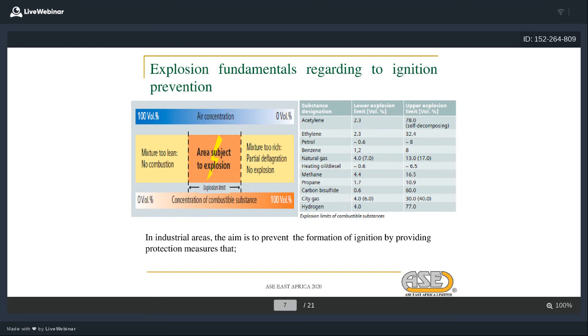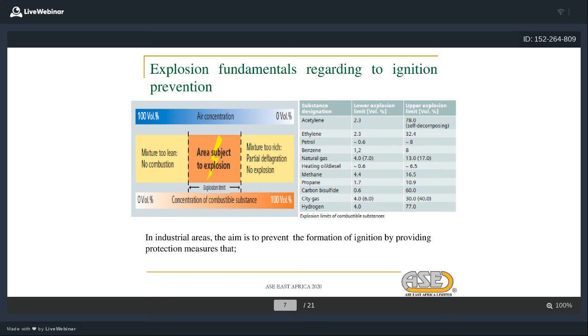Let's look at an example of these materials: acetylene. The lower explosion limit is 2.3 and the upper explosion limit is 78, measured in volume percent.